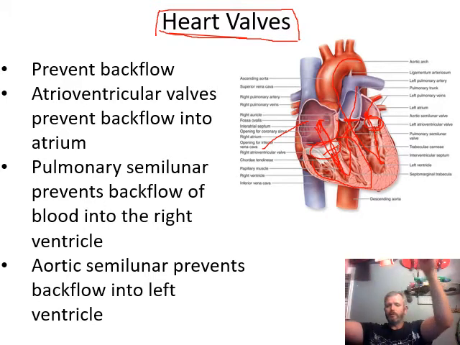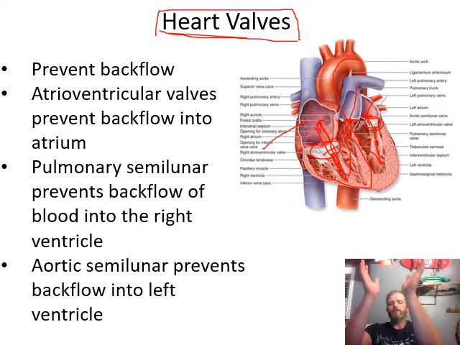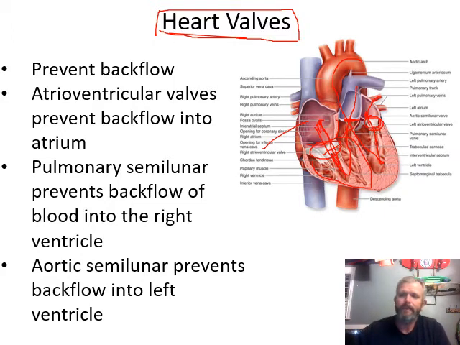And the blood in those arteries is going to want to flow back into the ventricles. We don't want that to happen, and that is what those semilunar valves are there for. When the blood tries to rush back, boom, they snap shut, preventing the blood from backflowing into the ventricles, and they can produce a second sound.